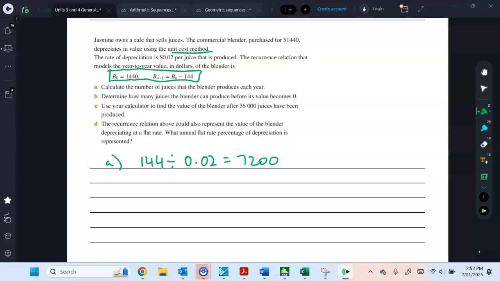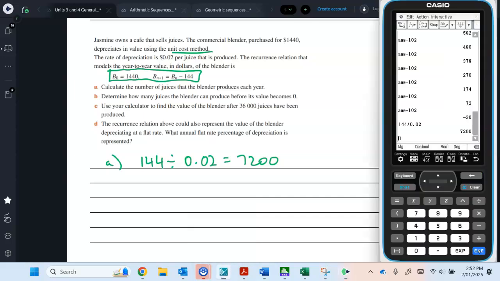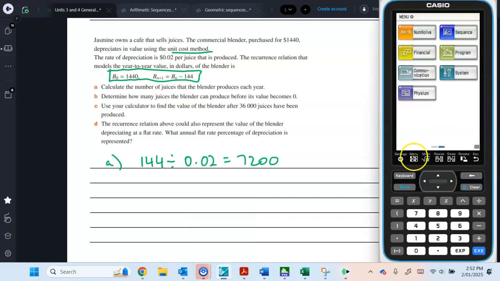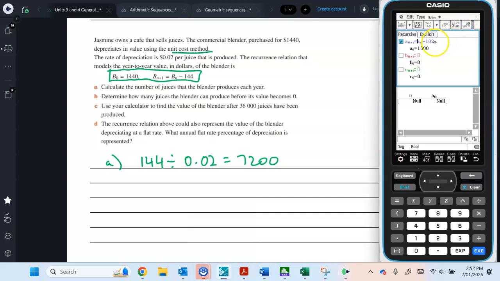Determine how many juices the blender can produce before its value becomes 0. So for this one, if we were to put in our sequence, so I might just do that. And what did we start off with? 14.